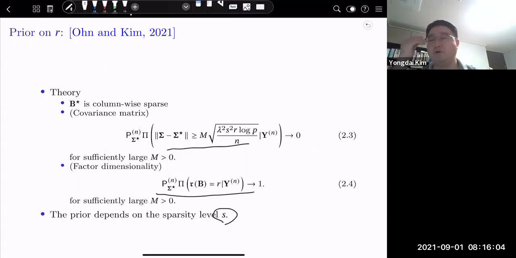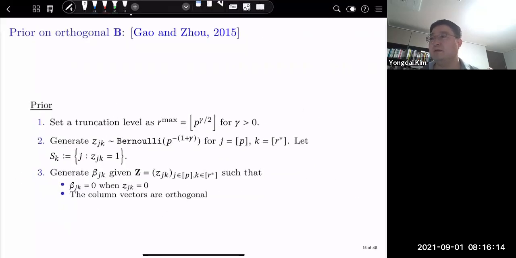So today I'm going to propose a new prior which is adaptive to the true sparsity, which is the main theme of my talk. And there is another prior which puts prior mass only on orthogonal factor loading matrices, which was proposed by Gao and Zhou in 2015. They developed a very interesting but complicated prior, which only puts mass on orthogonal factor loading matrices.